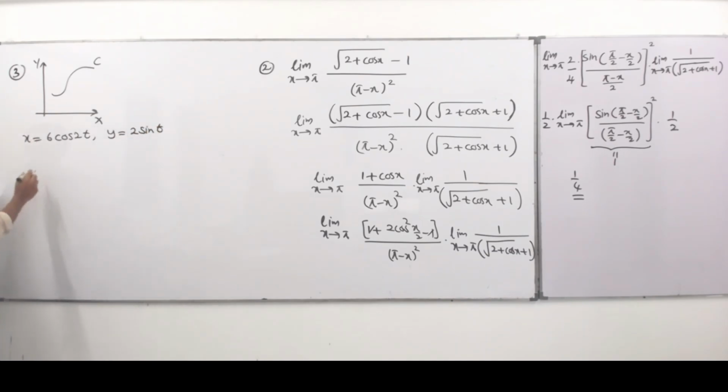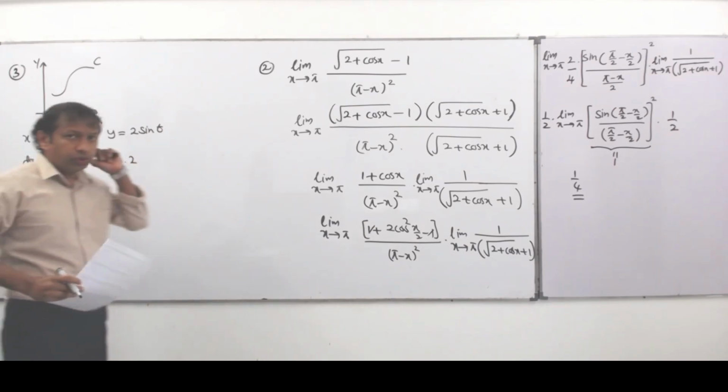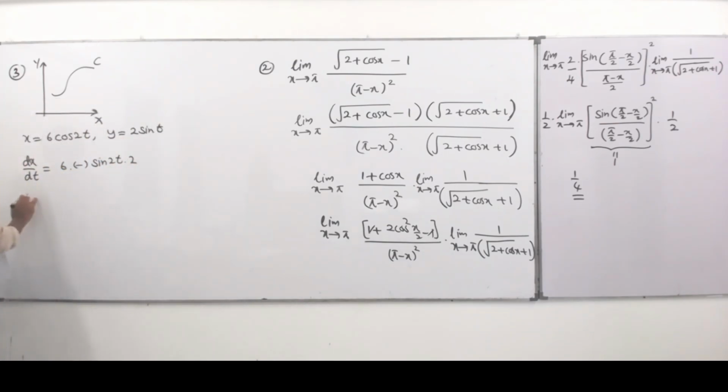Right. We can write dx over dt. Cos 2t derivative, when we take with respect to t, it's minus sin 2t into 2. Cos 2t derivative, cos derivative minus sin. No?